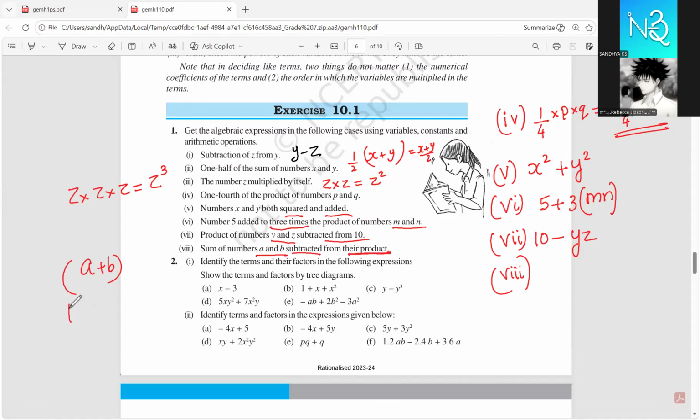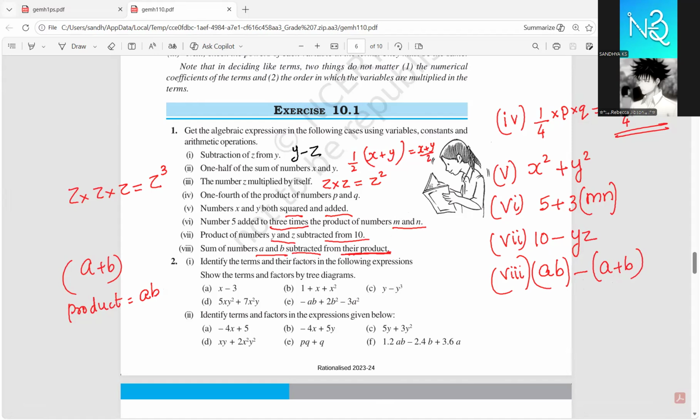So what is the product? Their means a and b. So the product of a and b is what? ab. So from that you need to subtract the sum, so first the product will come, correct? ab minus the sum of numbers a and b, which is a plus b. So ab minus a plus b.